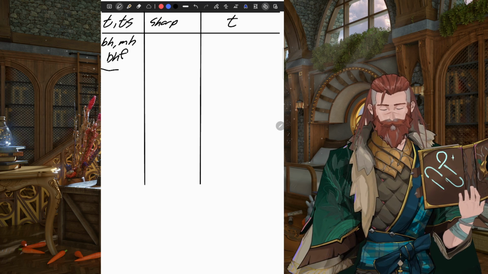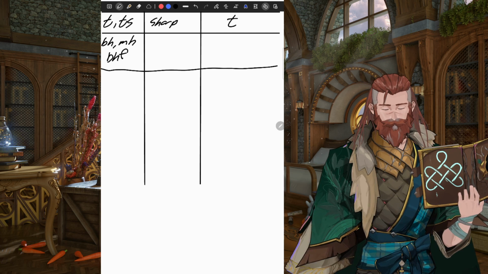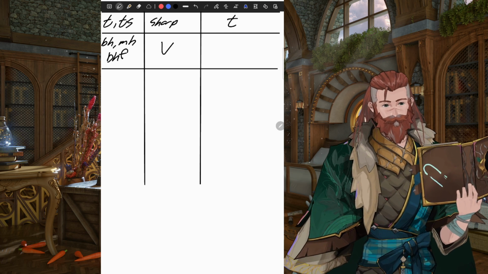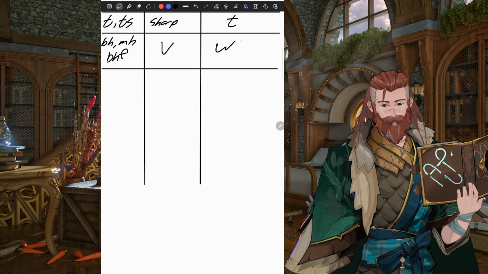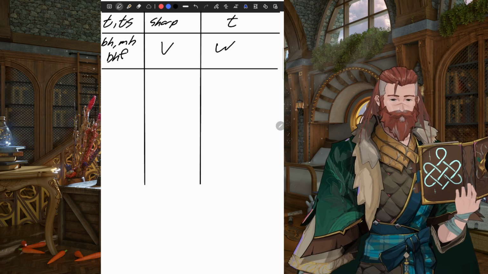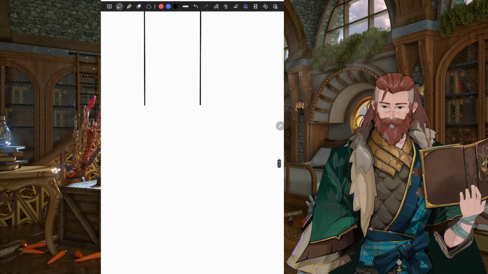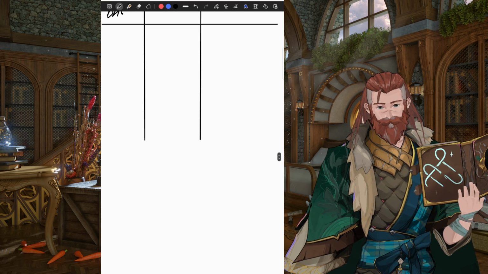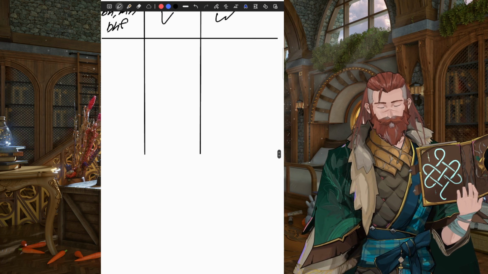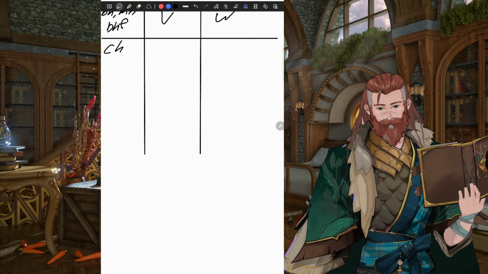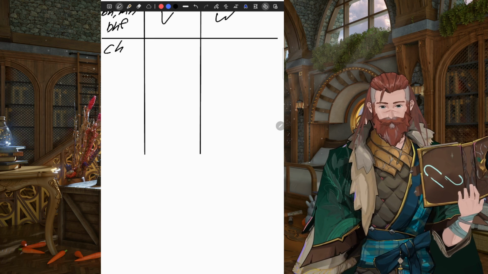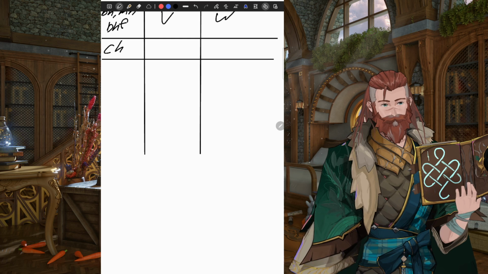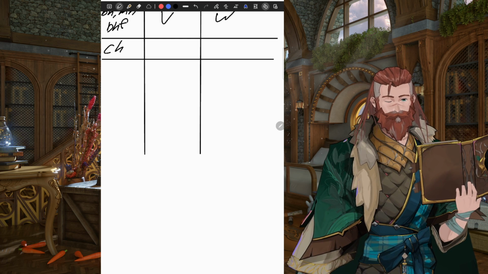Just to make my life easier, I'll just lump these all together. But still, V and W. CH. There is no ch sound in Irish.